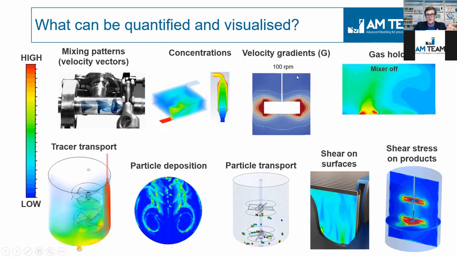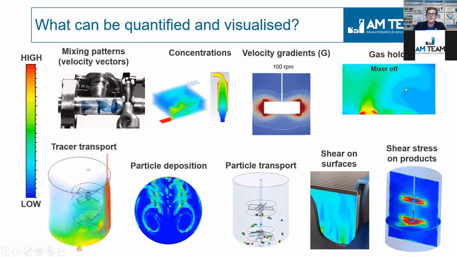You can look at velocity gradients, which are called the G values. You can look at shear on surfaces, for example, the surface of a membrane, very important for membrane performance. Or you can look at the shear stress on liquids, on your products. As you can see here, and we will see a very detailed example on that, in the vicinity of the impeller, of course, you have much more stress on your product.